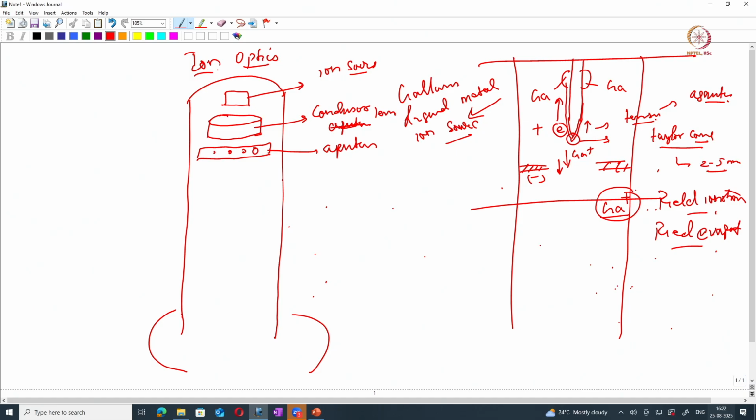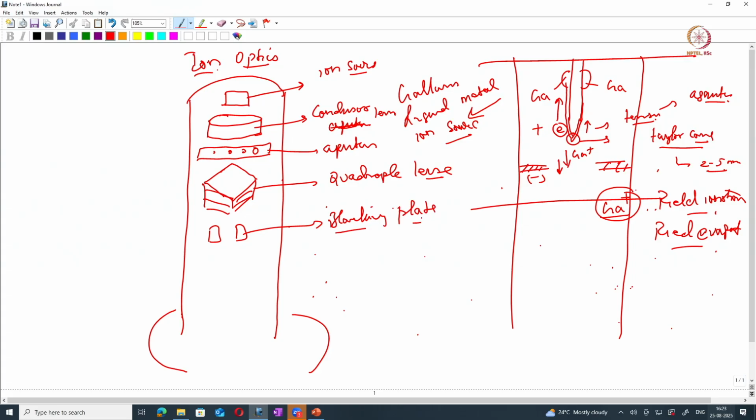Then you will have a quadrupole lens. Then you will have blanking plates, and then you will have an octopole, correct?